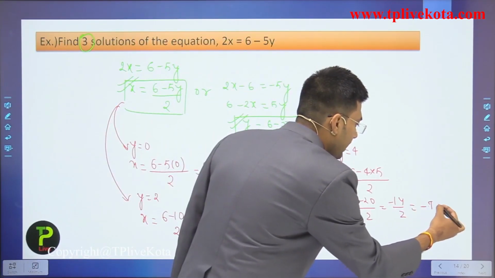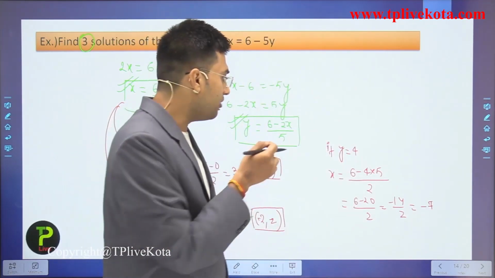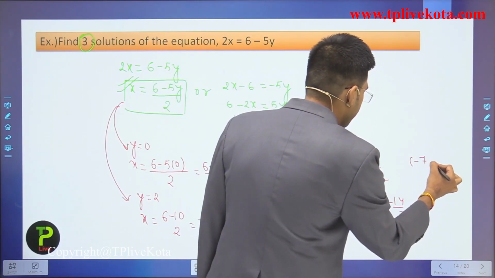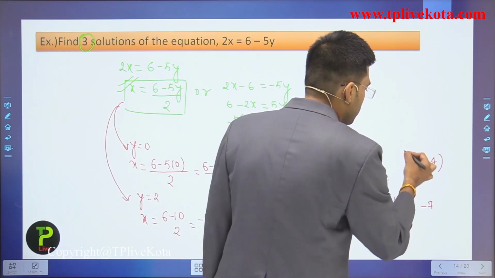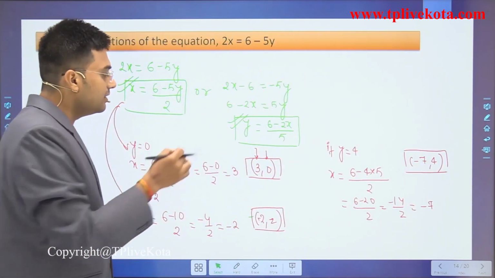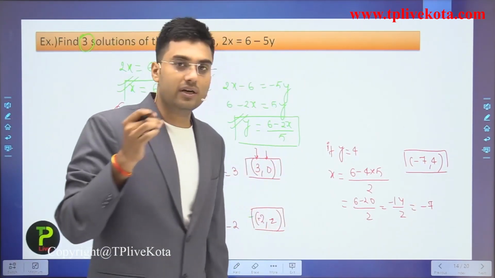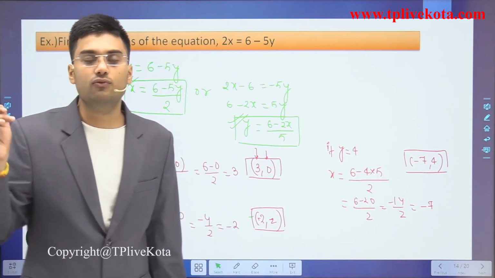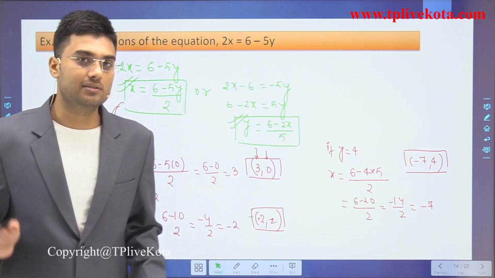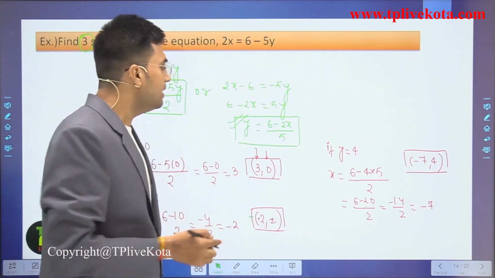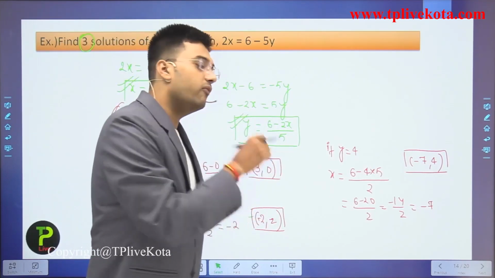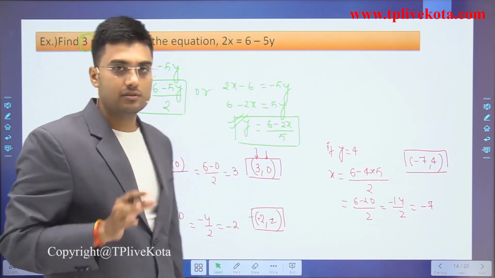So here x is minus 7 and y is 4. So we represent it as (minus 7, 4) is a solution of this equation. So now we can say that (3, 0), (minus 2, 2) and (minus 7, 4) are solutions of this linear equation in two variables. Clear? Students, we can also use the other form, and by using it we again get the same solutions.